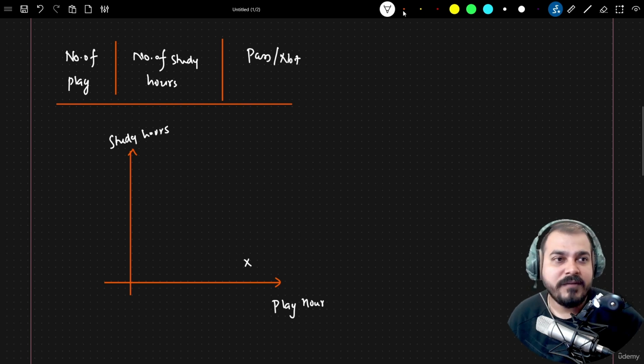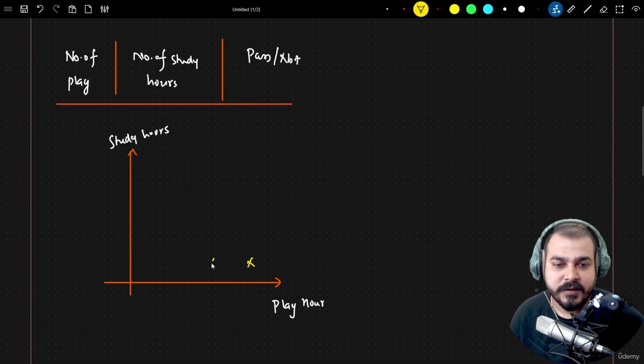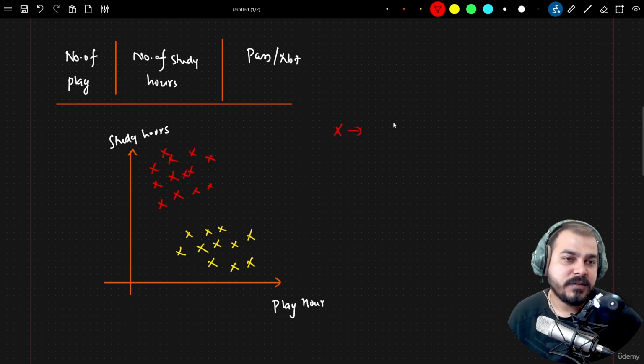So I may have different data points over here. Let's say there are other data points where the person is studying more. The red mark is saying pass, and the yellow mark is saying fail.